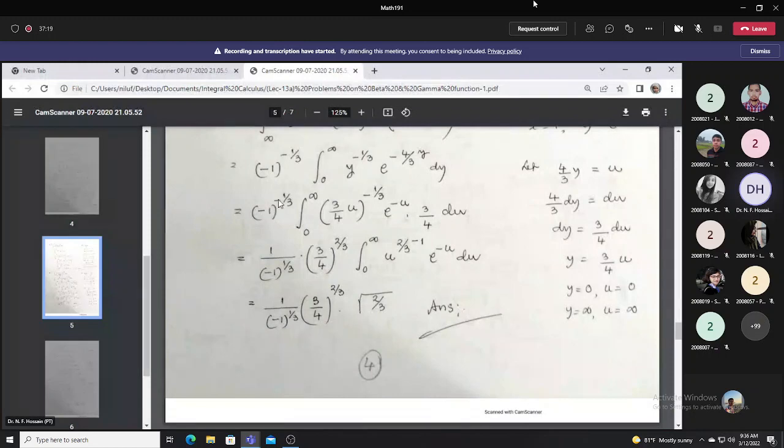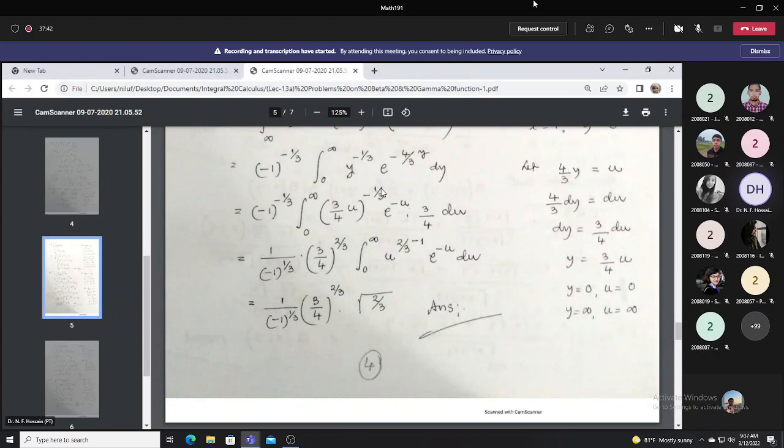this minus 1 whole to the power minus 1 over 3 means 1 by minus 1 whole to the power 1 by 3. And this 3 by 4 whole to the power, there is another 3 by 4, so 3 by 4 whole to the power 1 minus 1 by 3, which gives you 2 by 3. And under the integral, it will be u to the power minus 1 by 3 into e to the power minus u.